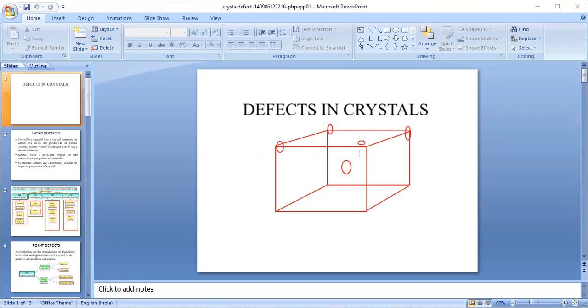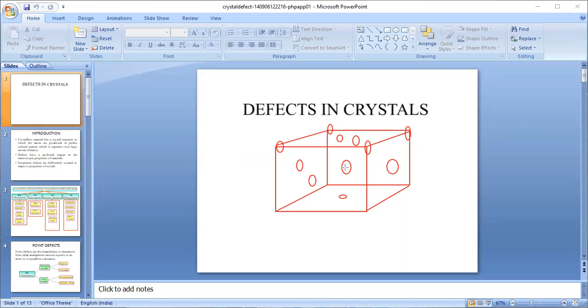In the face-centered cubic, for the 6 faces, this is side face 1, this is side face 2, this is top face, this is bottom face, this is front face, and this is back face. So in this way, totally you can see 8 corner atoms plus 6 atoms. The center one is for body-centered cubic; we are not going to consider it here. For face-centered cubic, it is 8 plus 6.